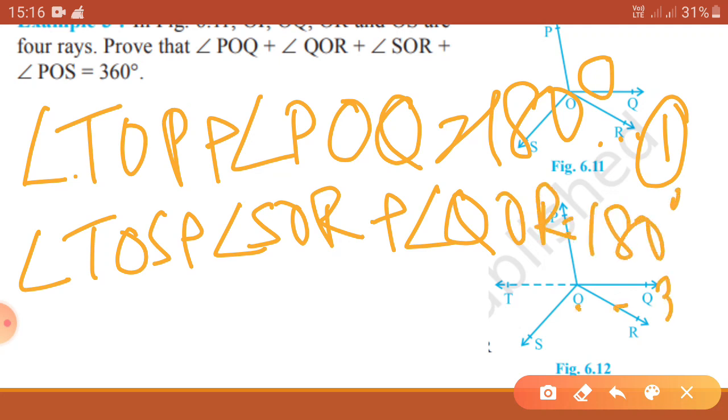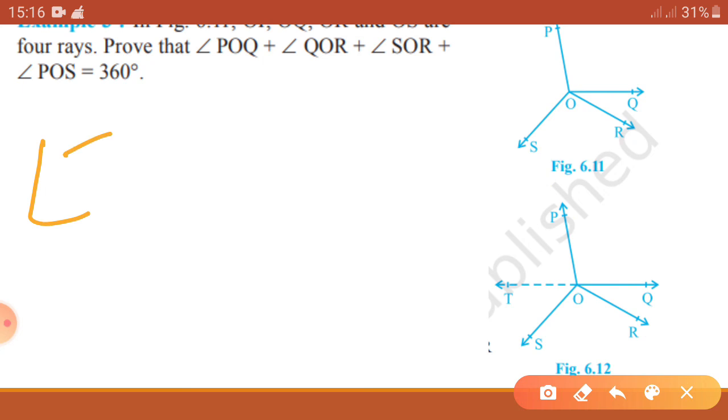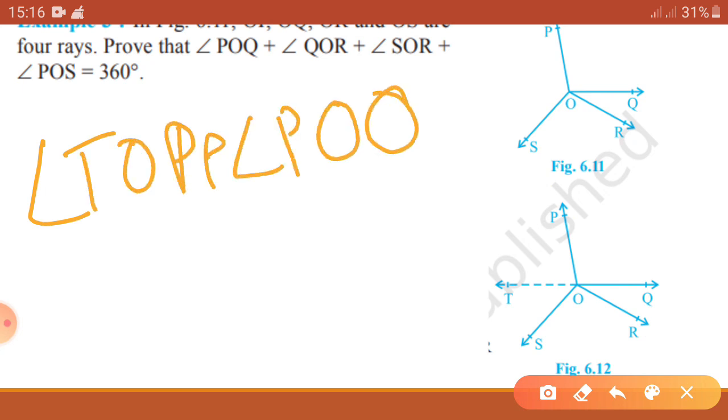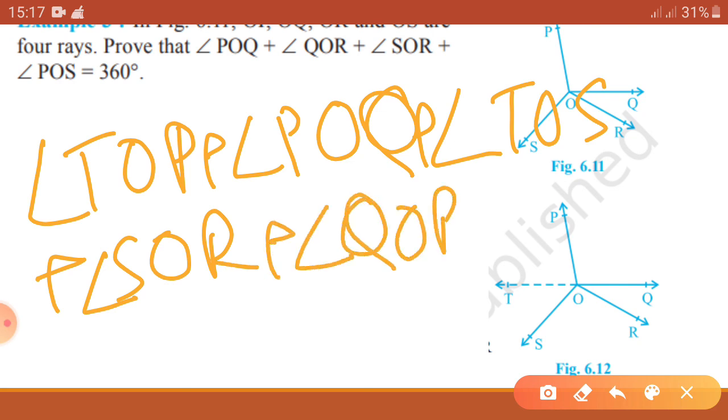If we add these two equations, you will get angle TOP plus angle POQ plus angle TOS plus angle SOR plus angle QOR equal to 180 plus 180, that is 360 degree.